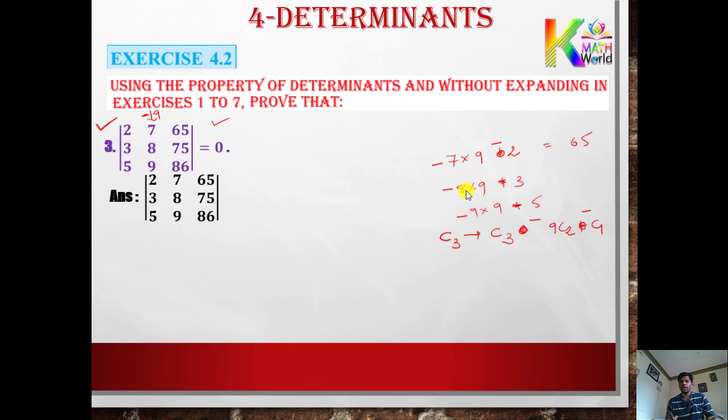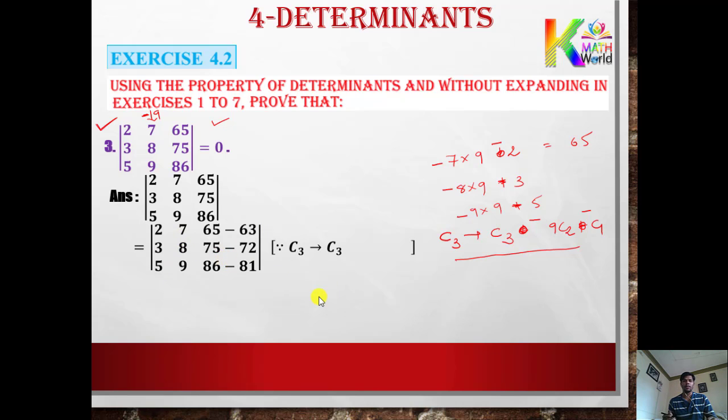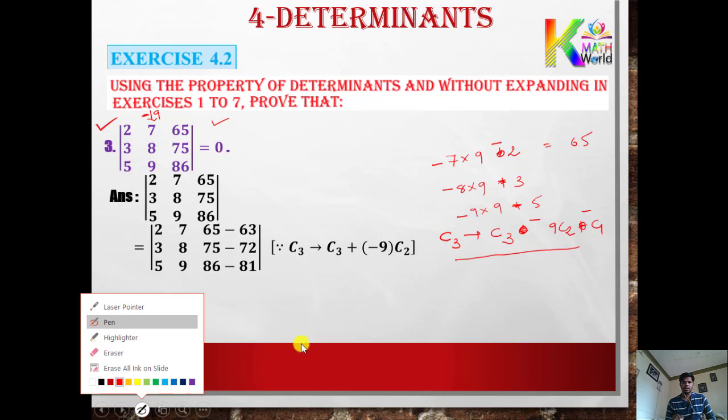Okay, so by performing that operation you got, or you can perform a single operation also like this. Suppose you don't understand this operation directly, then you can perform a single operation. Okay, I'm going to rub everything. 65 minus 65, the answer will be 0. 75 minus 75, the answer will be 0. 86 minus 86. This way you got the last column 0. Or another way, you can make two columns identical.